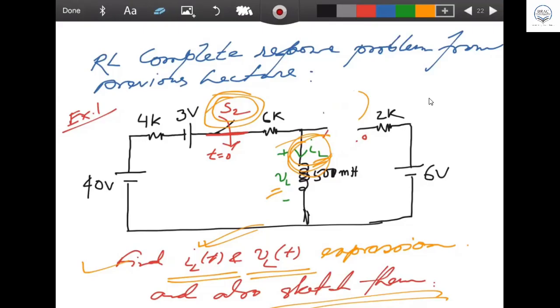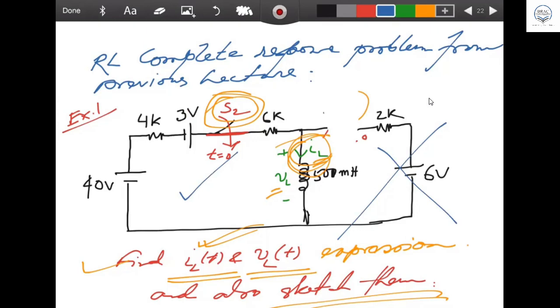Yeah, in that case, the right hand side circuit is redundant. Only the left hand side circuit is remaining for t is more than 0. So the left hand side circuit is what? 40 volt, 4K, 3 volt, 6K, and 500 millihenry.